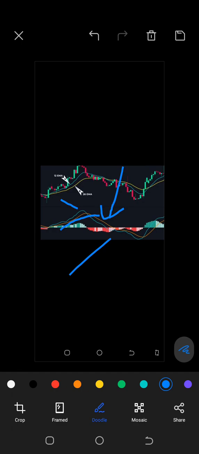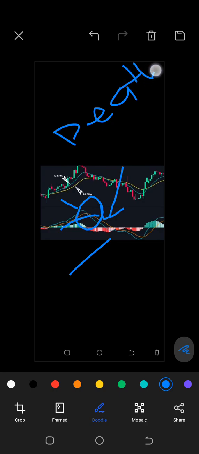So whenever there is a crossover of the MACD line by the signal line moving down, we call it the death cross, because it's going down all the way.